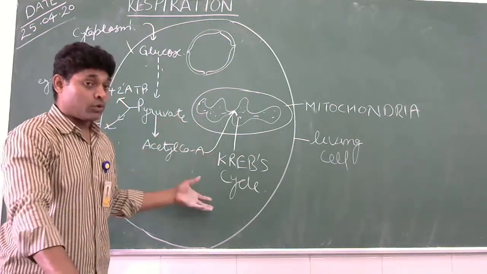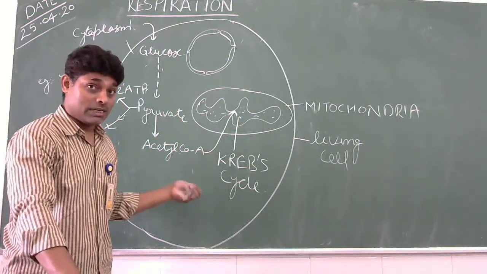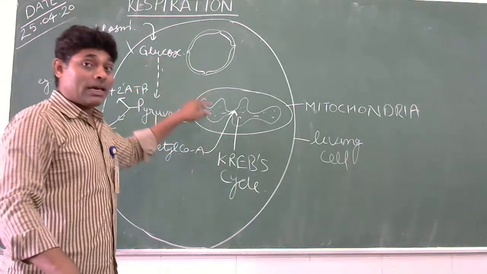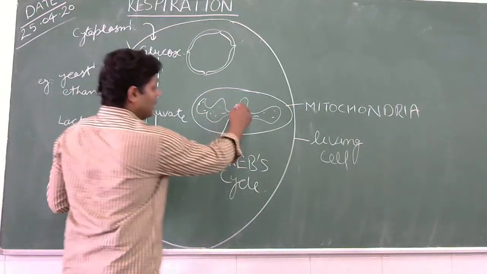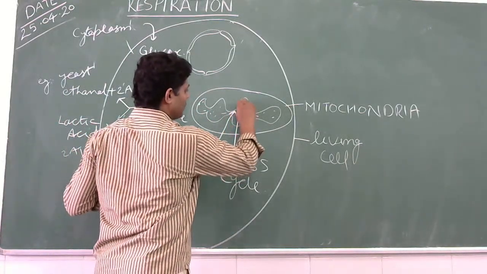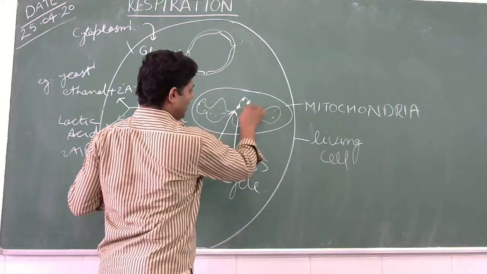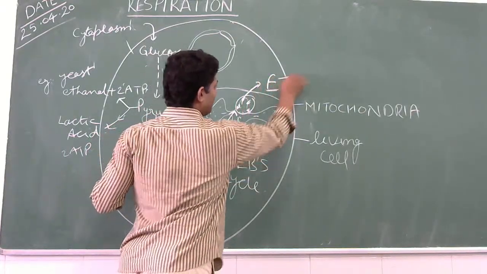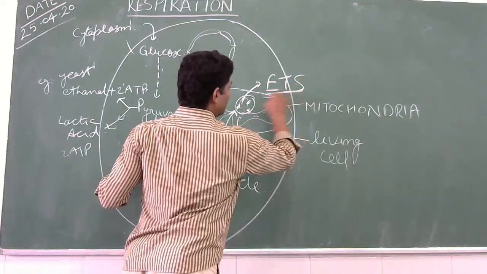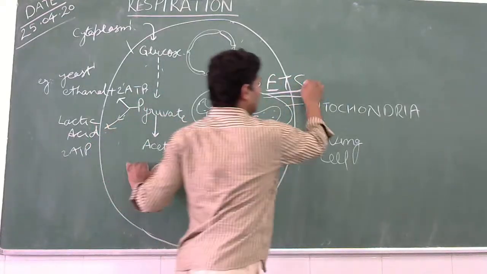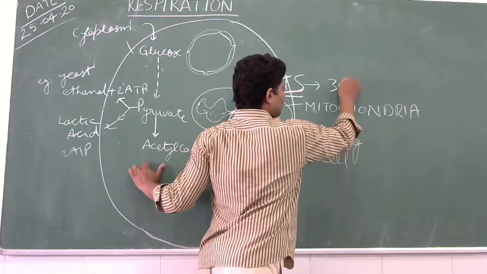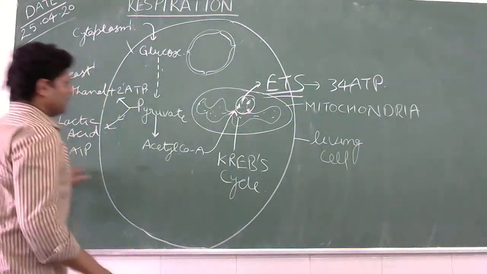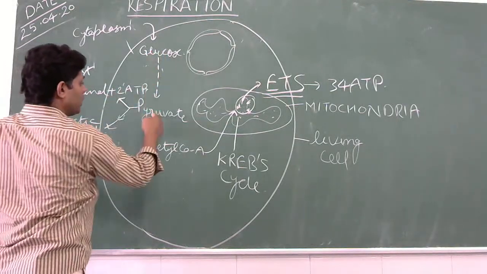Then the next products, the NADH molecules, are formed and they break down in the inner mitochondrial membrane. Here occurs the electron transport system, which releases approximately 34 ATP.